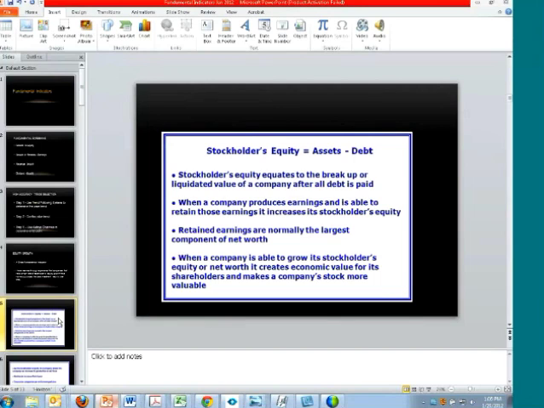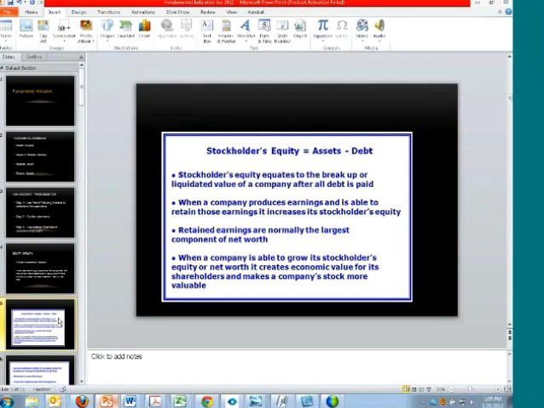And when a company produces earnings and it's able to retain those earnings, it increases stockholders' equity. And retained earnings are normally the largest component of net worth or stockholders' equity.